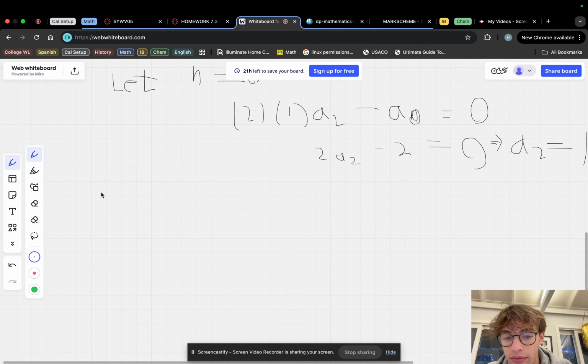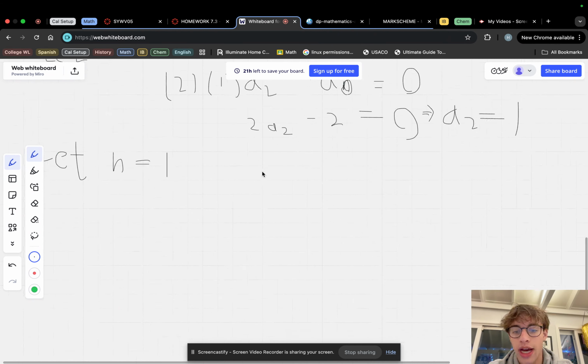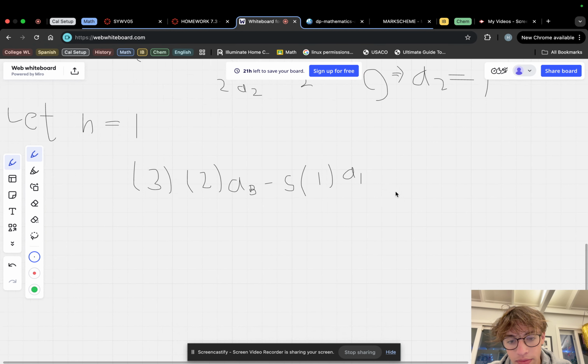Let n equal 1. All right, so go back up here. Letting n equal 1, we got 3 times 2, then it would be a3, because it's a sub n plus 2, so 3 is 3. Minus 5 times 1 times a1, and then equals 0.